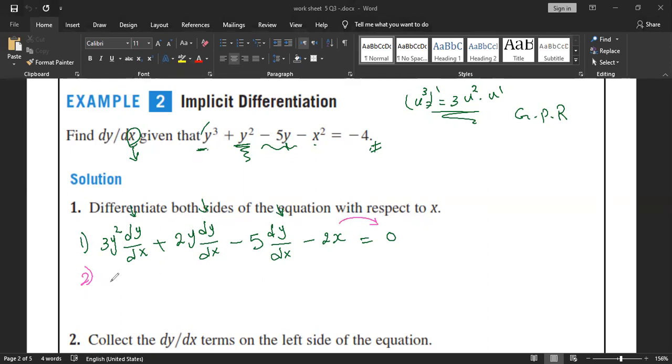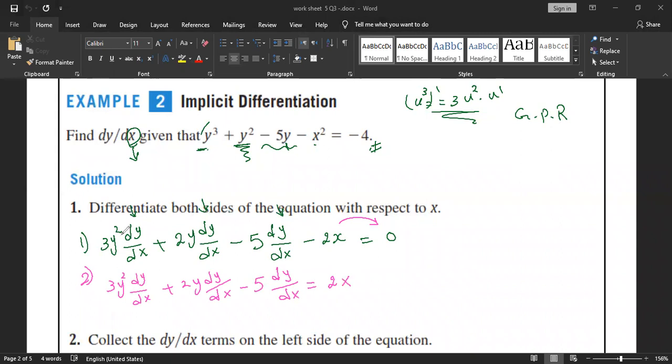So it will be 3y squared dy by dx plus 2y dy by dx minus 5 equal 2x.